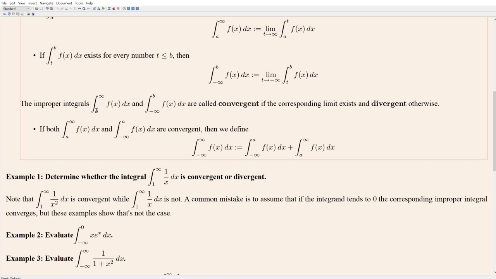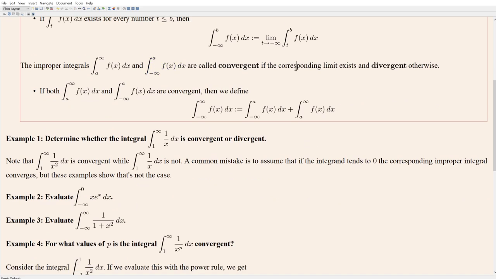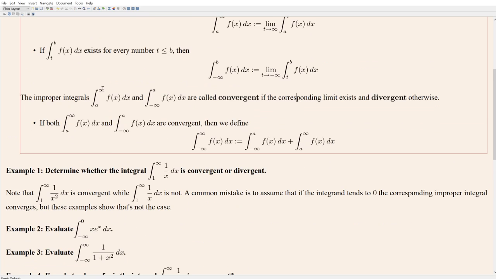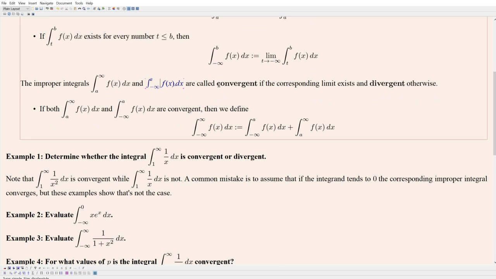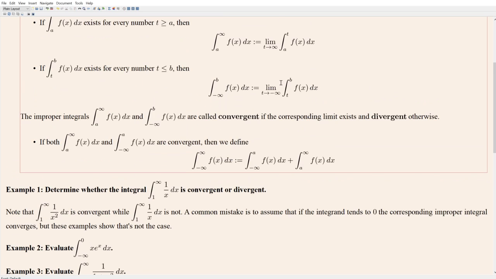Now, if the integral... Whoops, this should be an a here. If the integral with upper limit infinity exists, then it is called convergent. Oh, whoops, I was wrong. This should be b, because this line is just introducing the notation. So if this limit exists, we say the integral is convergent.